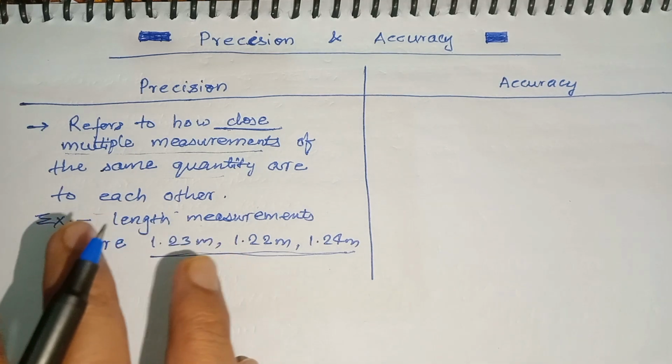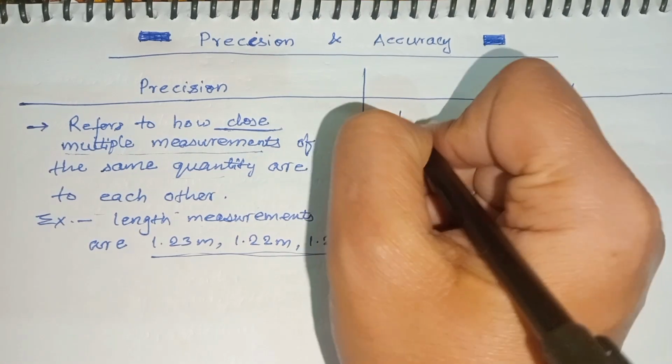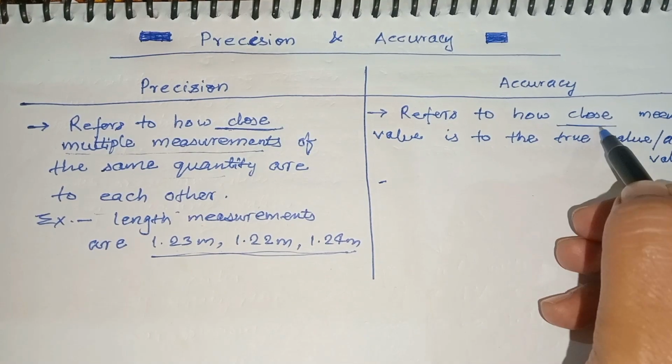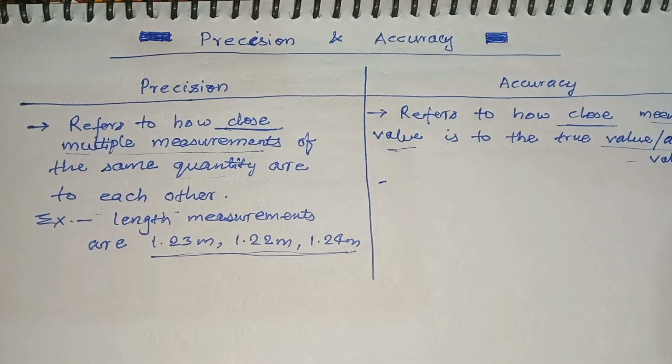Okay, the measurements. Here now it comes, accuracy is a different thing. It is also a degree of closeness, but from the measured value to the actual value. Accuracy refers to how close. This is also degree of closeness to the actual value. It is the degree of closeness between measured value and actual value.